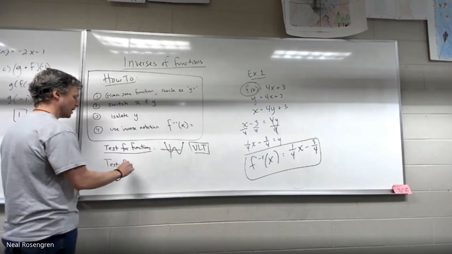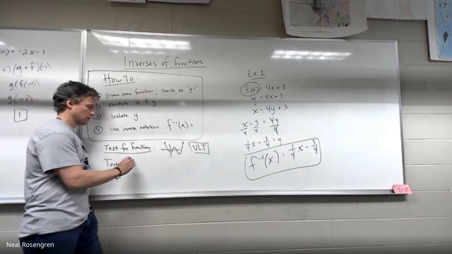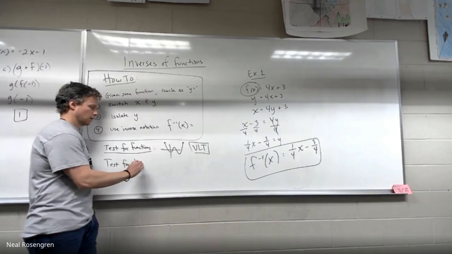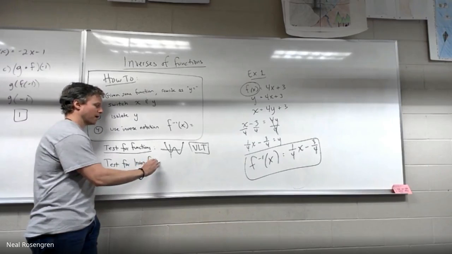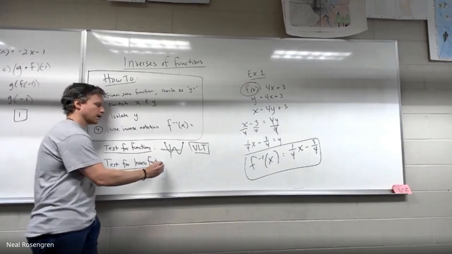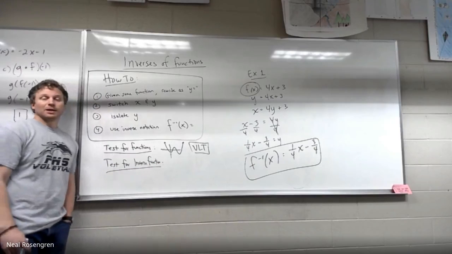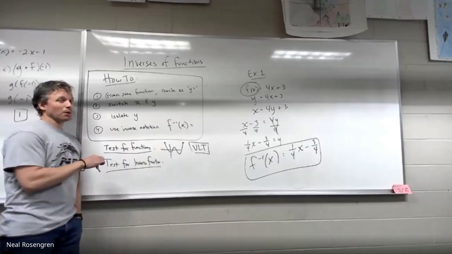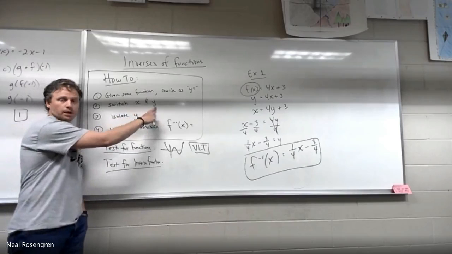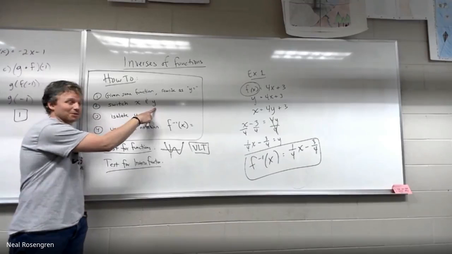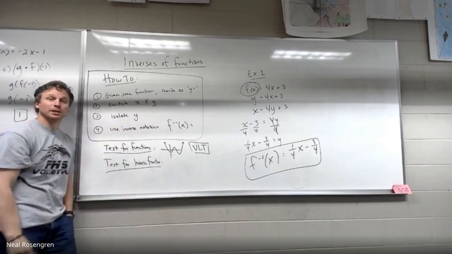But if I want to test for an inverse function, if I want to look at a graph and know whether or not its inverse will be a function, well, switch x and y. Right? That's what makes it an inverse, to take x and y and basically switch them.